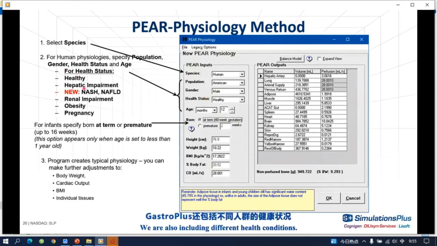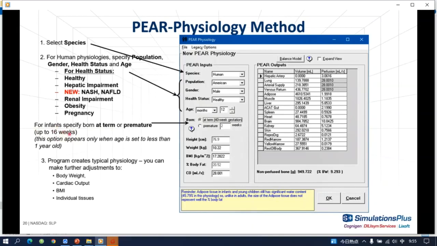Right? We are also including different health conditions. Since we are talking about pediatrics, you'd be more interested in looking at the children of different ages. And again, you can go down to create physiologies for newborns born premature up to 16 weeks. So all the way from 16-week premature newborns up to adults, you can create those physiologies.